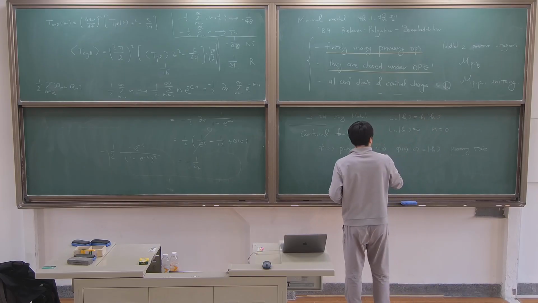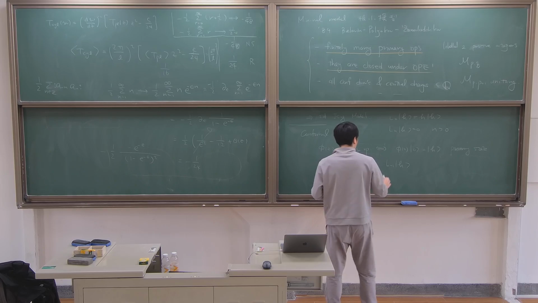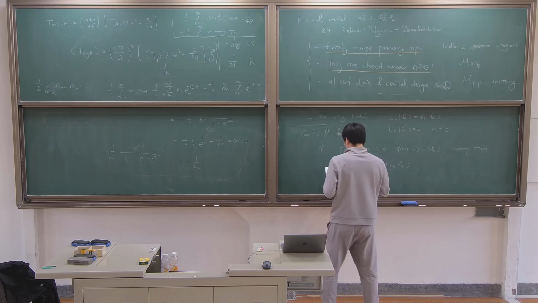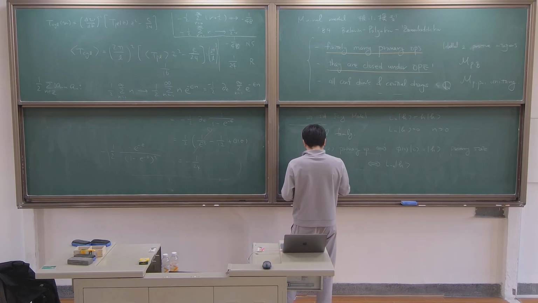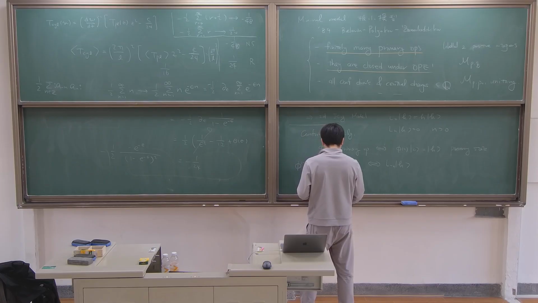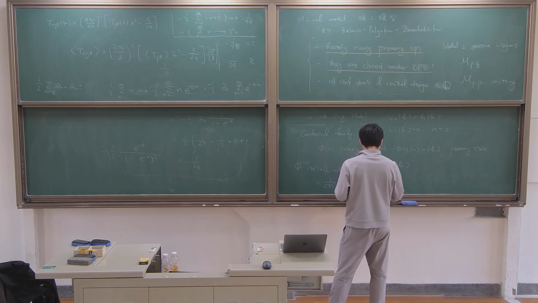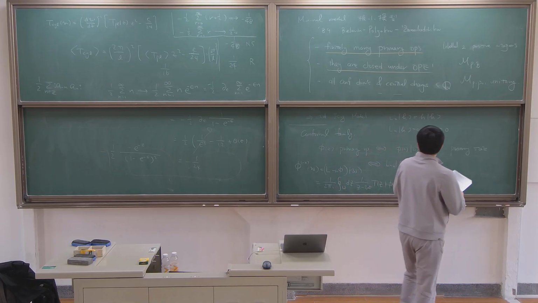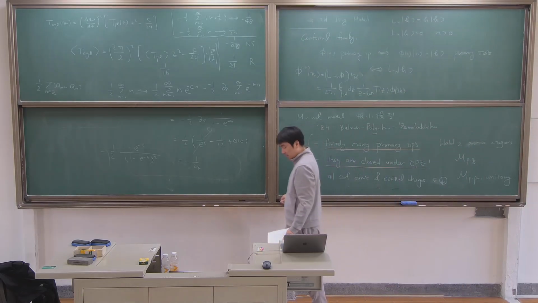But L minus 1 and so on give descendants. What is the operator corresponding to L minus n? I call it phi minus n of w, which is the contour integral of L minus n phi of w over 2 pi i. This is exactly the definition.